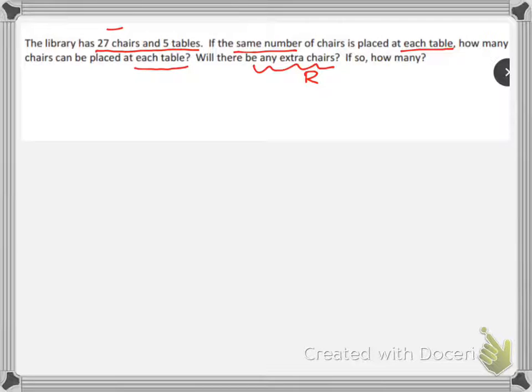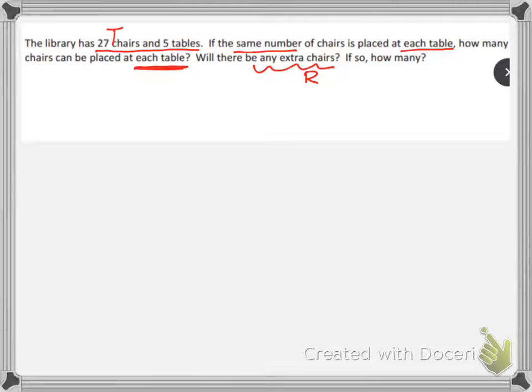We have a total of 27 chairs, and they're looking for, what do you think, measurement division or partitive division, if they're looking at how many chairs are at each table? Well, they're looking to solve a partitive division, because we have to find out how much are in each of those groups. So let's start setting this up.